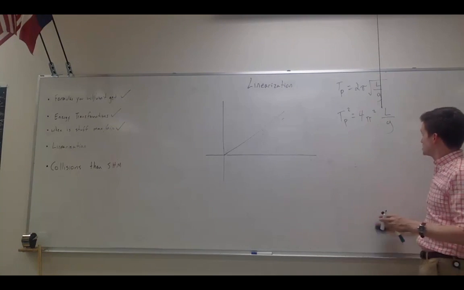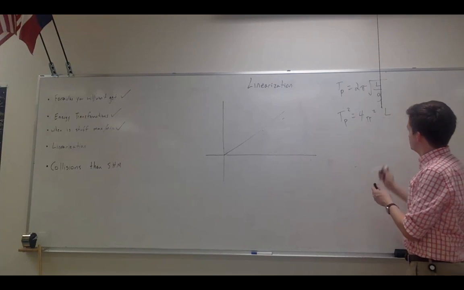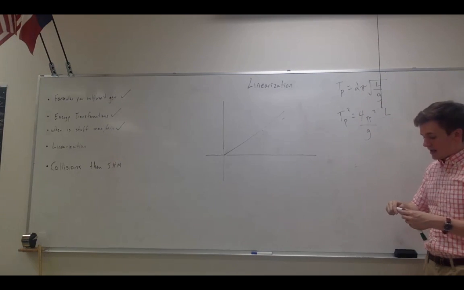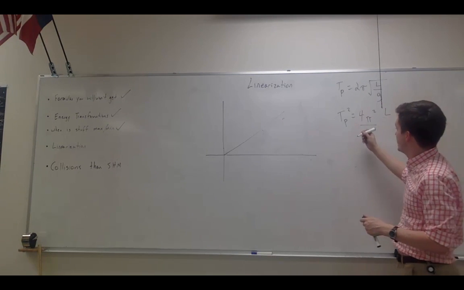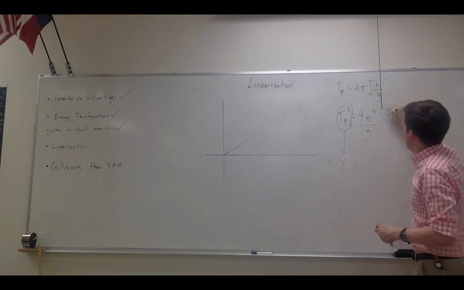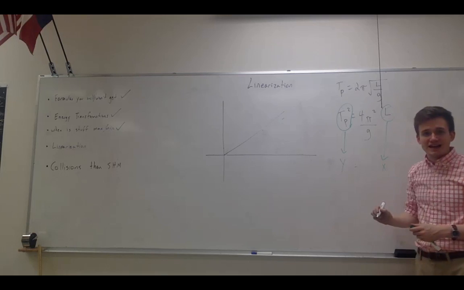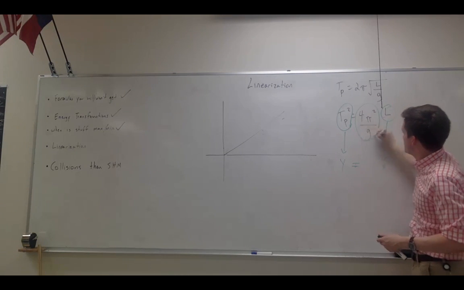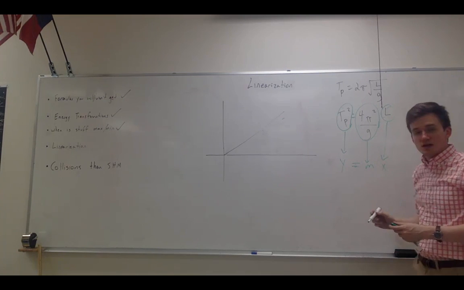Well, algebra rules still work. So now g goes down here just because I say it does. And we have the same relationship. This bit can be our y-axis. This bit can be our x-axis, which means the ratio of T_P squared over L is our slope.